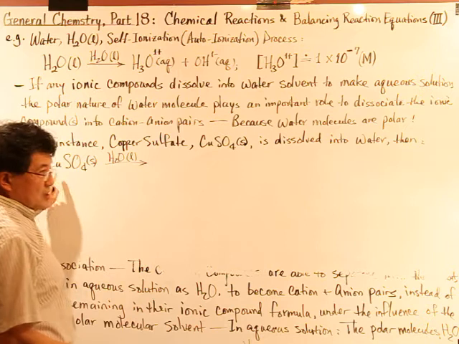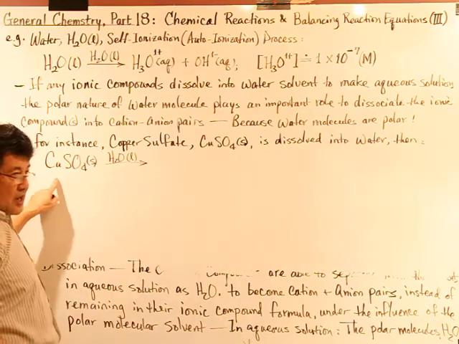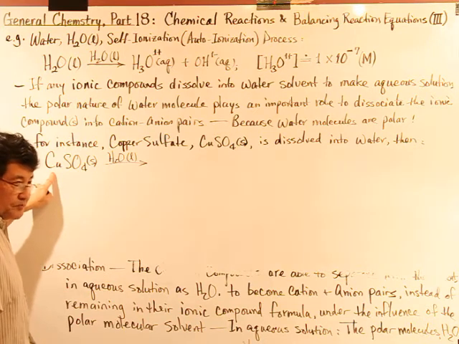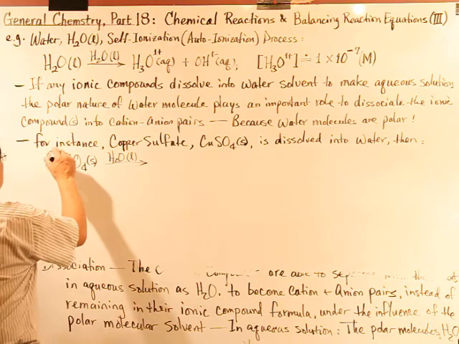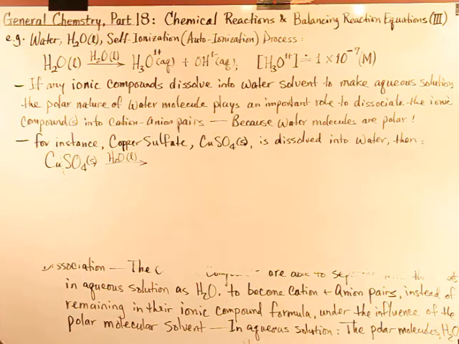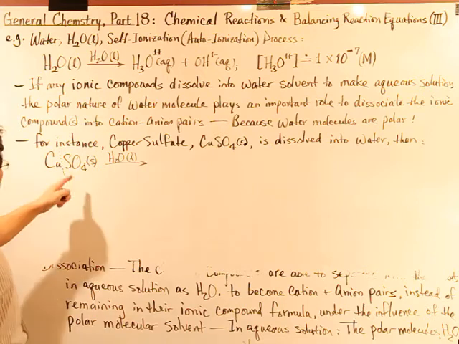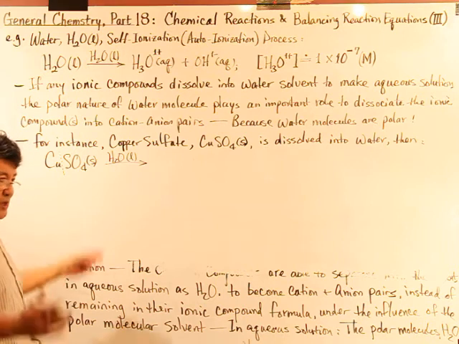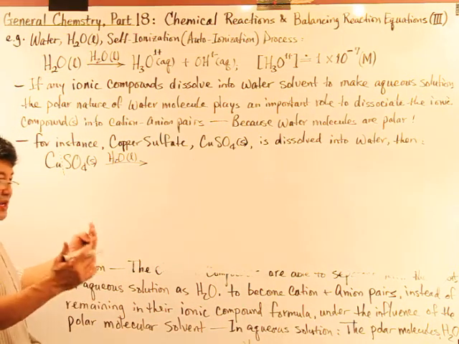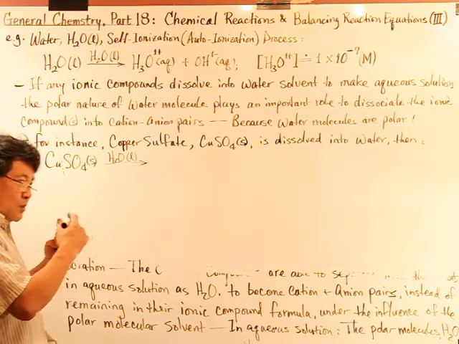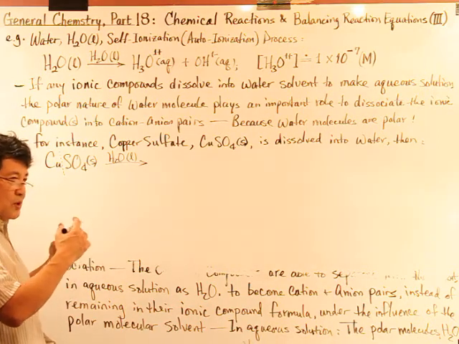Then this is an ionic compound. The cation is copper 2 plus, and it splits in the middle right here, and the sulfate is a polyatomic anion, a cluster. One sulfur atom and 4 oxygen atoms are always stuck together in the aqueous solution during a regular, normal chemical reaction process.